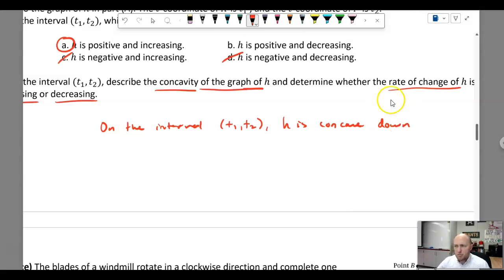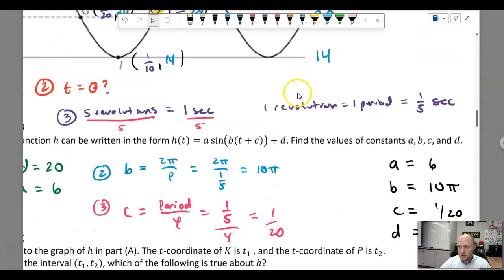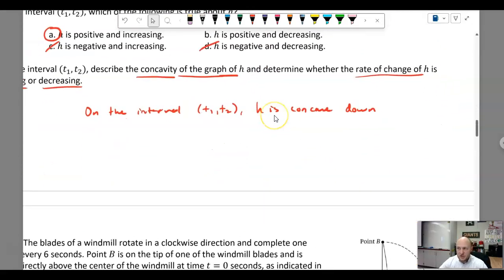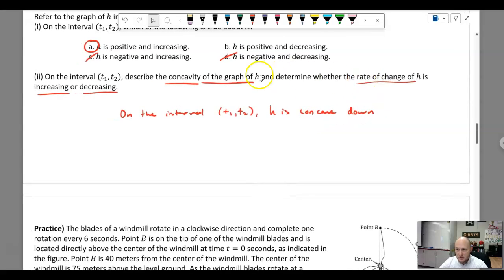And the second part really is the same question. Is the rate of change of H increasing or decreasing? Well, by definition, if you're concave down, the rate of change is decreasing. Look at this graph. Look at my average rate of change. Isn't it getting flatter and flatter until we get to P up here? It's 0, right? So concave down by definition means the rate of change is decreasing. If our graph was concave up, it would be rate of change increasing.